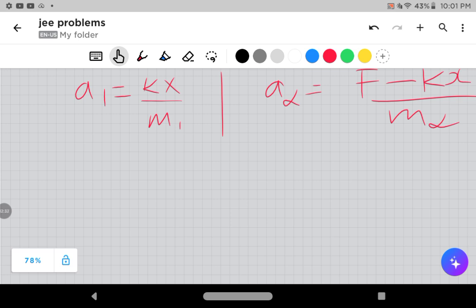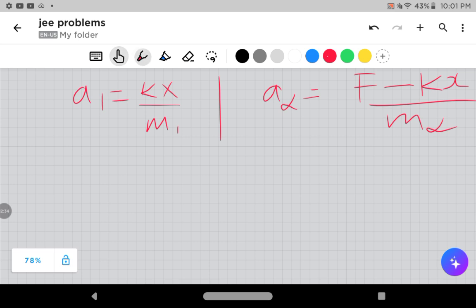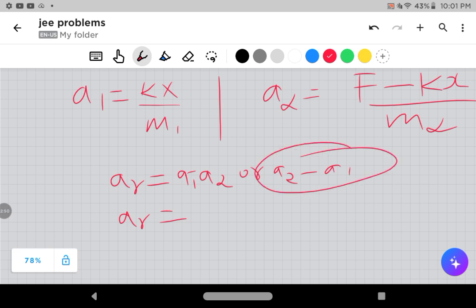So let's take a term called AR, the relative acceleration of A1 and A2. AR is equal to A2 minus A1. Then that means AR equals (F minus kx) by M2 minus kx by M1.